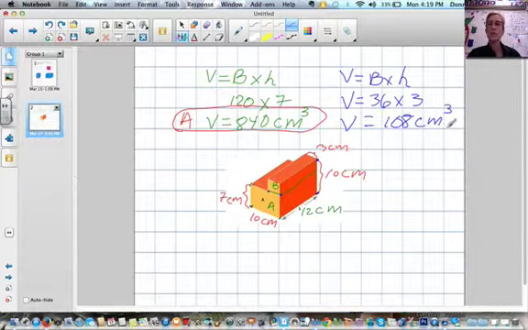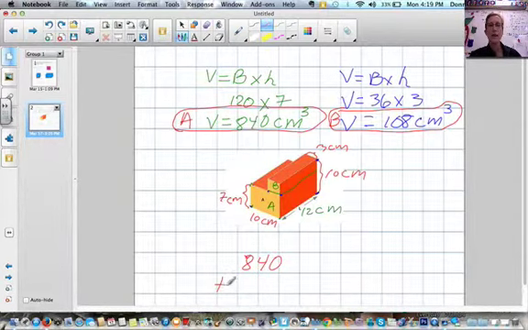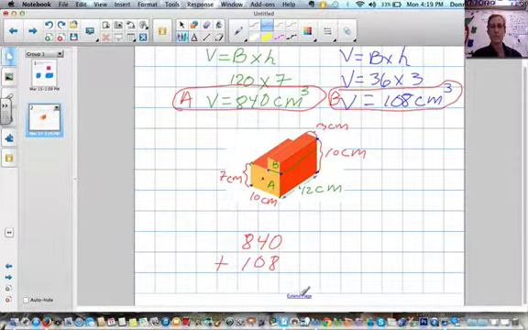Okay, so this part that we just figured out is B. And now that we have A and B, we can just add them together. I'm going to write it down below. I have 840, which represents A, plus the 108 that represents B. Let me see if I can extend my page a little bit.